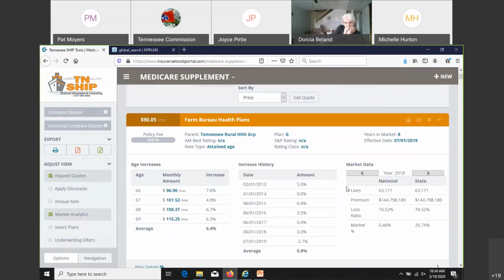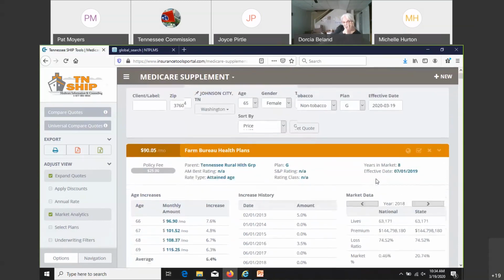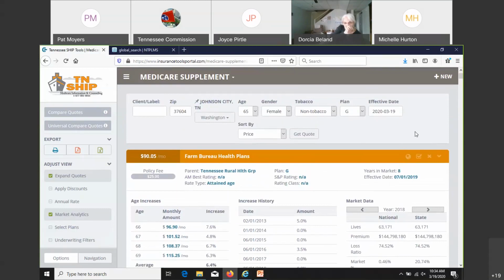When we do that, it adds on to each one of these plans. And again, that is market analytics there. Now you'll notice when we're going through all of these comparisons that you'll see things like, what is their premium each month? What is the company that this goes with?